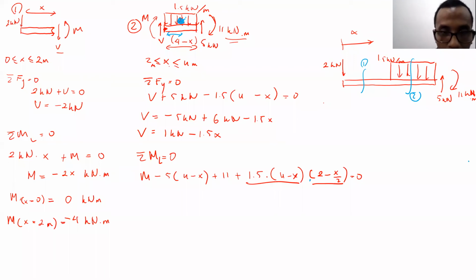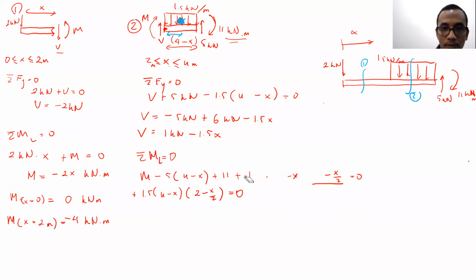Okay, I think I will write it down again here. Plus 1.5 multiplied by 4 minus x multiplied by 2 minus x per 2 equal to 0. Because later we will use that side to write down our equation.